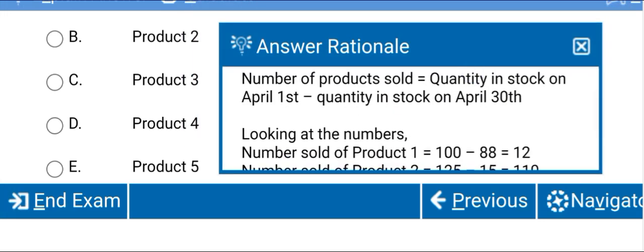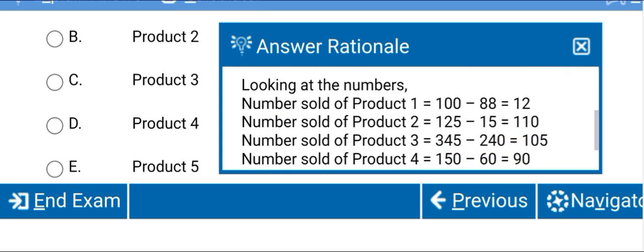Number of products sold equals quantity in stock on April 1st minus quantity in stock on April 30th. Looking at the numbers, number sold of product 1 equals 100 minus 88 equals 12. Number sold of product 2 equals 125 minus 15 equals 110.